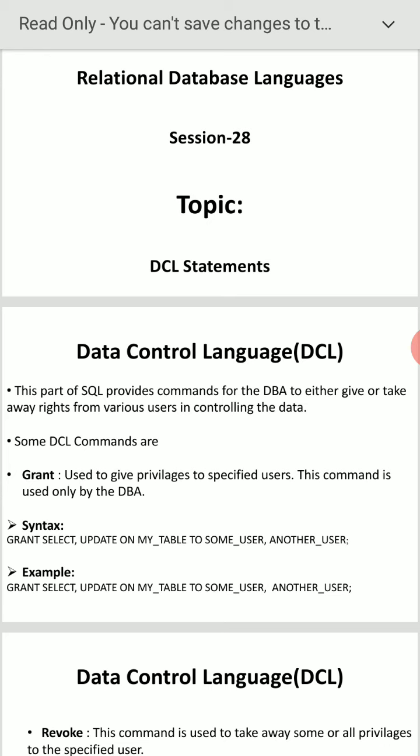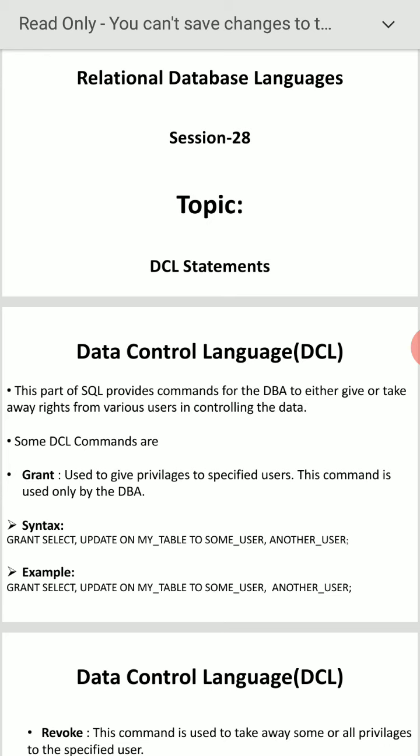Suppose I have taken the employee table: grant select, update on employee to X, Y. Now I am giving permission to X and Y. X and Y have rights to retrieve and access the data in the database. But the entire thing is controlled by the DBA. The DBA has to give the permission. The grant command is used only by the DBA. Nobody else will use that in the companies.